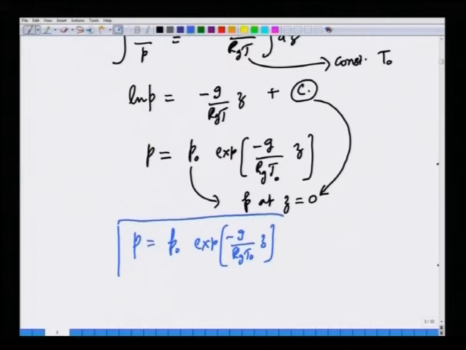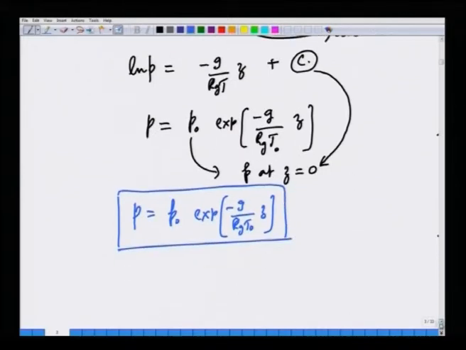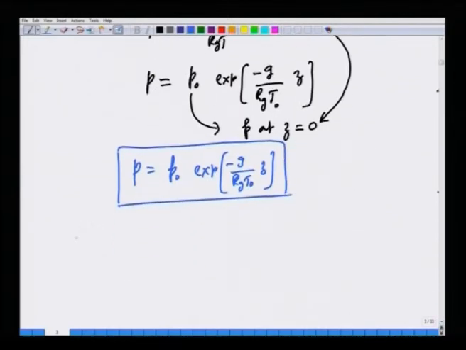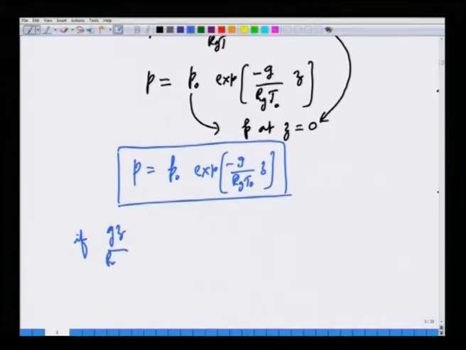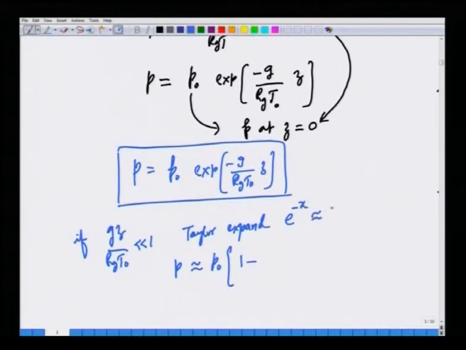Okay. This is an equation that is valid if air is treated compressible, but we also said that if the value of this exponent g z by R g T naught is small compared to 1, and this is a dimensionless group, you can Taylor expand and write P is P naught times 1 minus... So, Taylor expand: e to the minus x is approximately 1 minus x if x is small.